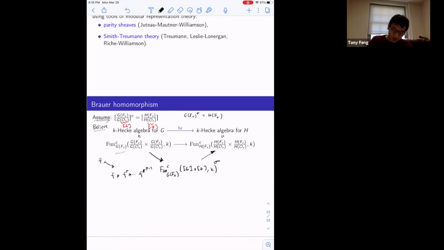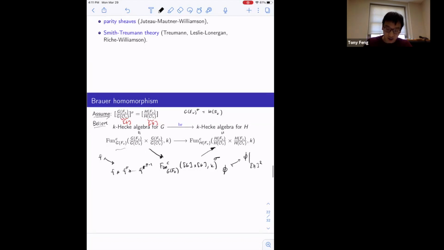The second map is a bit more interesting and specific to the Hecke algebra situation, and actually it's quite easy to describe. It just takes a function, let's call it phi, which is a function on G times G, and restricts it to H times H. I want to focus on this second thing here, because that's a little more interesting.